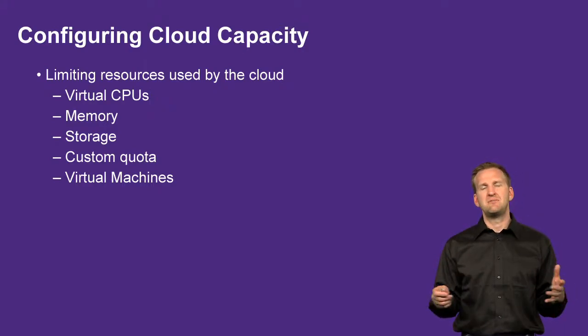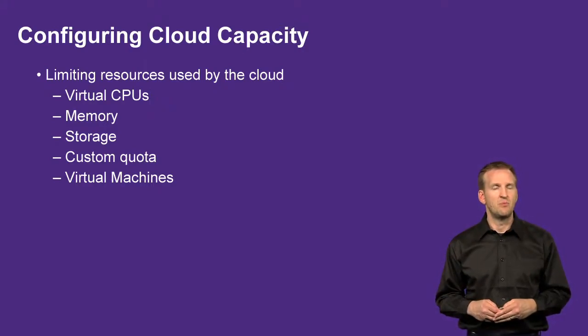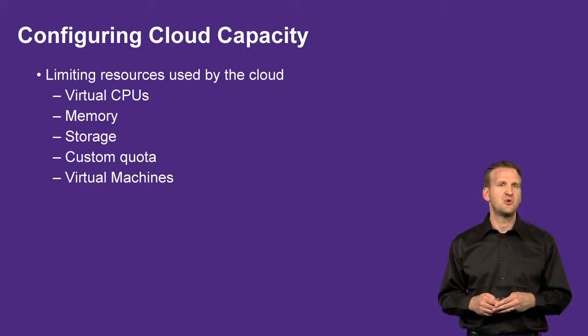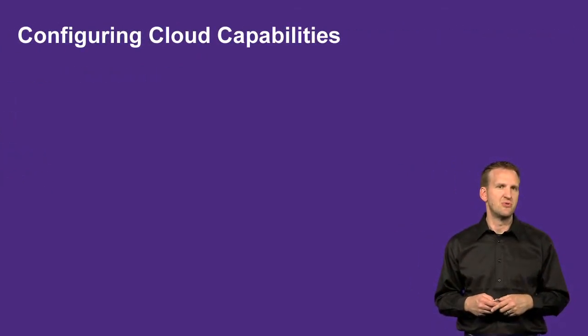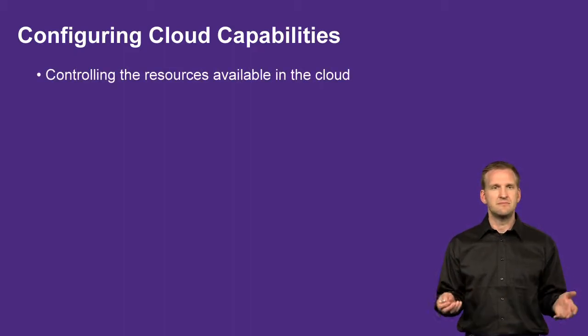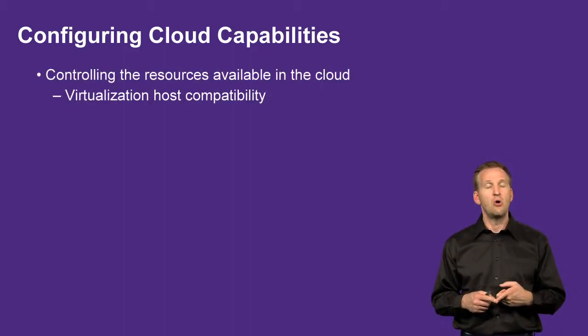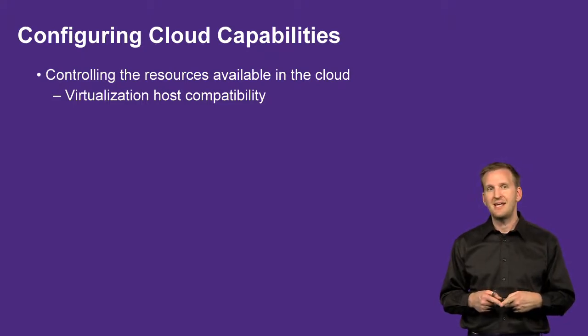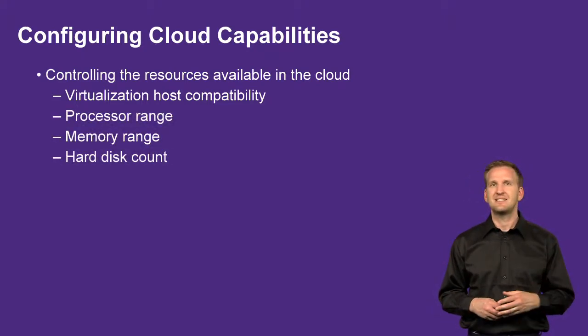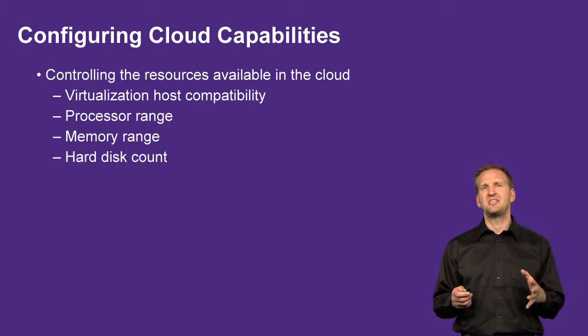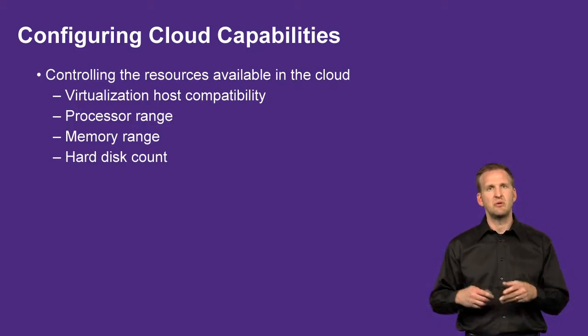Now, all of this is managed through the VMM console. We create our business unit clouds through the console, and then we configure the cloud capabilities through the console. And we can make those things available. Virtualization host, compatibility settings, processor ranges, memory ranges, hard disk counts. All of the configuration settings we might do for individual virtual machines, we can do them for the cloud.